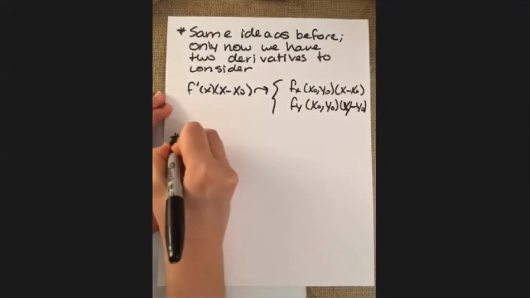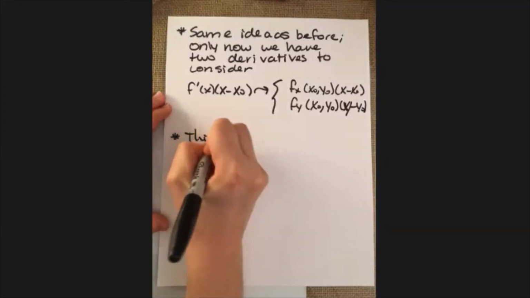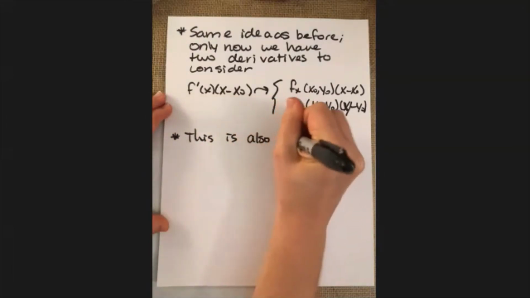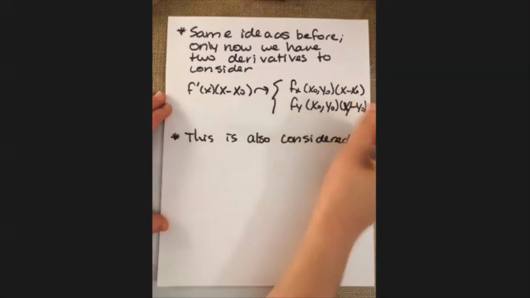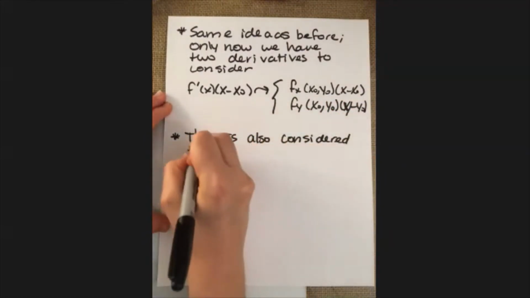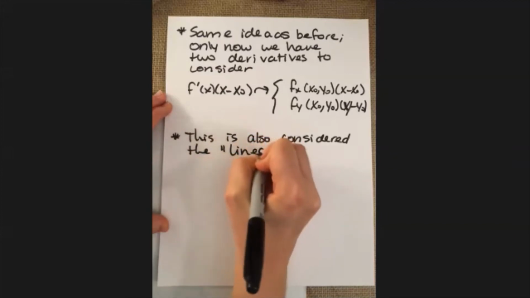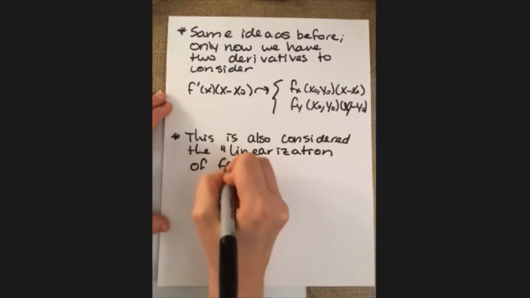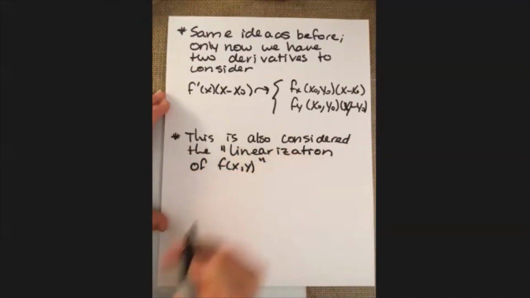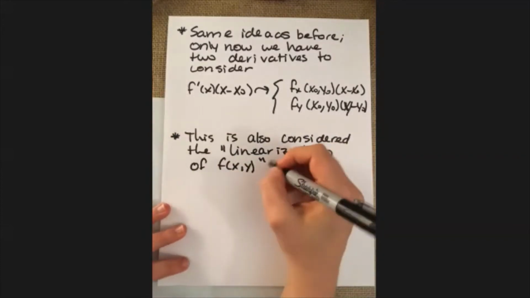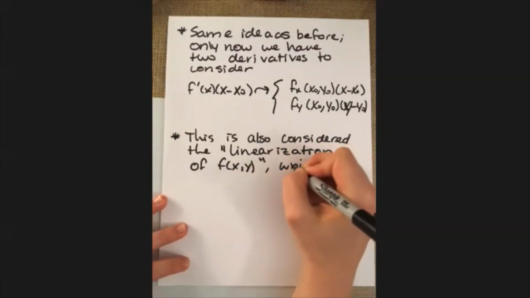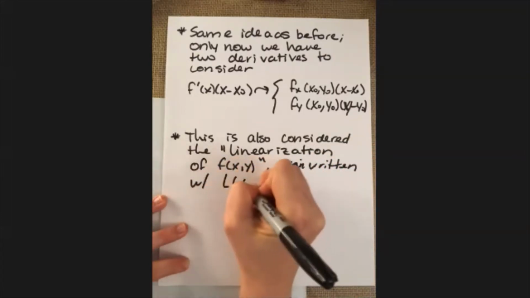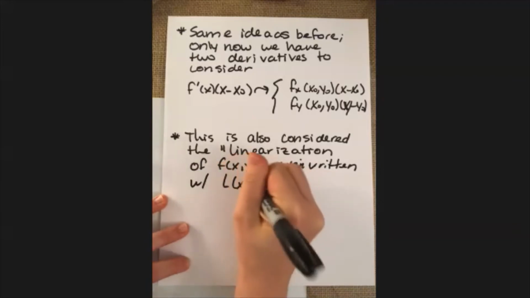And the other thing that I want to highlight is that this is also the same idea as the linearization of the function, which really just means that we can use it to approximate points nearby. I want to note that this can also be written where we substitute out that z for L of x, y, not z.